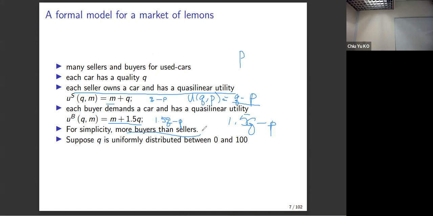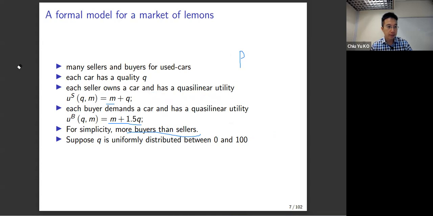Okay? So owners, sorry, I should be a little bit careful, because this is a seller, right? So I have to be a little bit careful to write that. So it means that if I keep the car, I have Q. Okay.